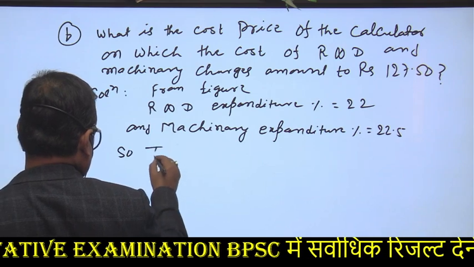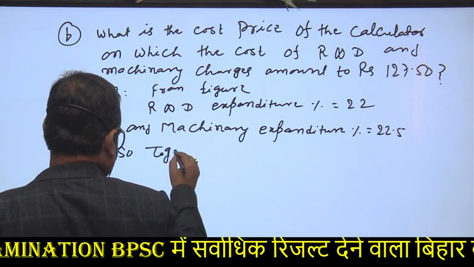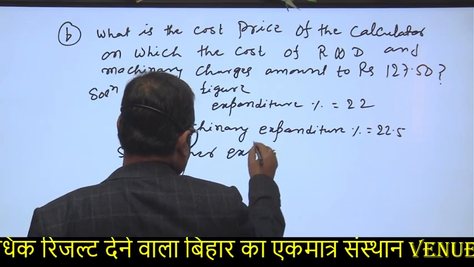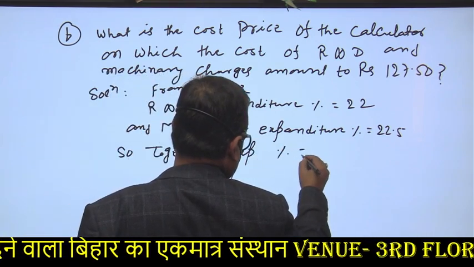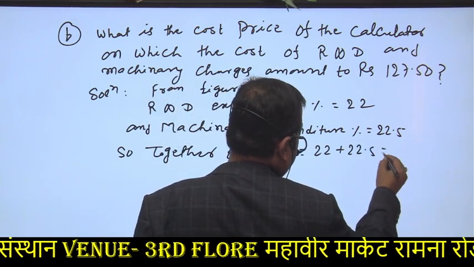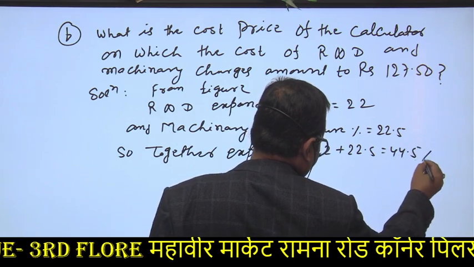So together, expenditure percent equals 22 plus 22.5 equals 44.5%.